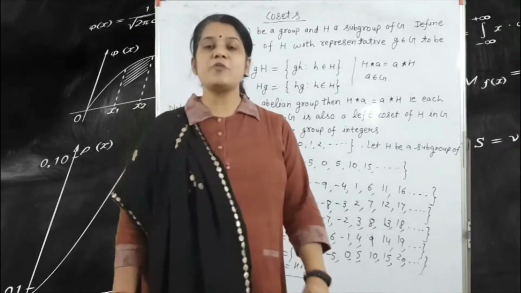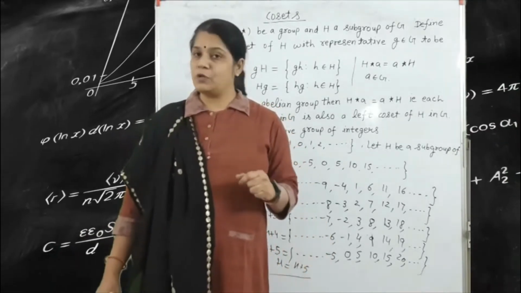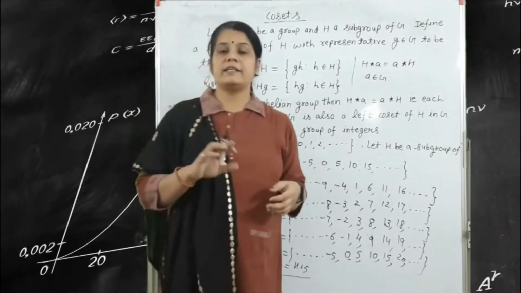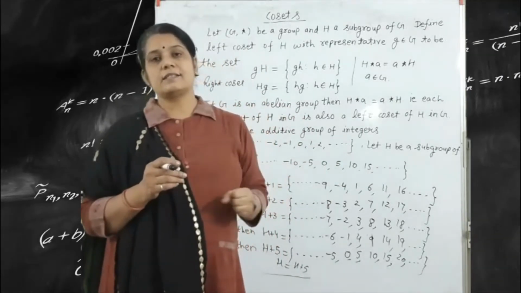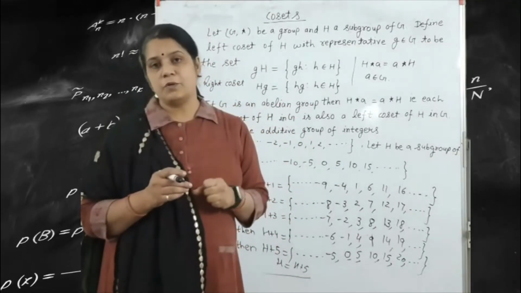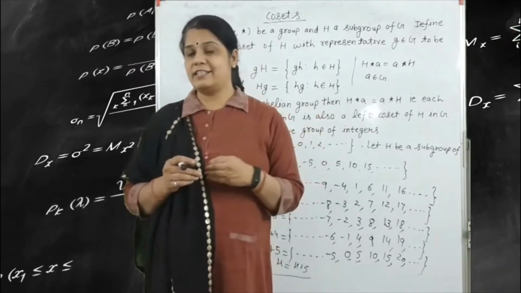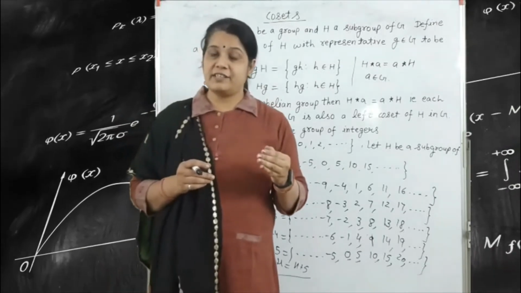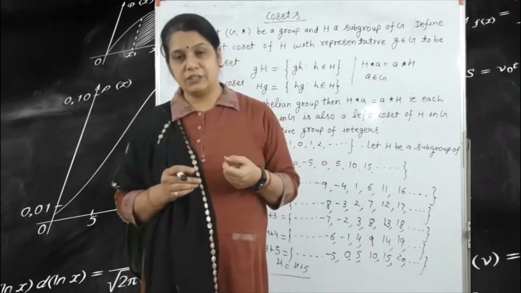Okay, our next topic is the normal subgroup and Lagrange's theorem. So normal subgroup, that means what? If your left coset and the right coset both are equal, then we can say that this is a normal subgroup. And Lagrange's theorem, that means what? We have already seen in our previous lecture what is the cyclic group, what is the generator, and how we find the generator according to your given group.